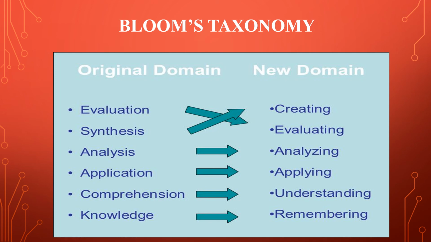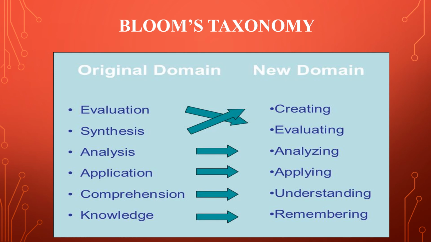As you can see, this slide shows you the original domain on the left side, as well as the current one on the right side. The original Bloom's taxonomy described three domains of learning. They were cognitive, affective, and psychomotor.